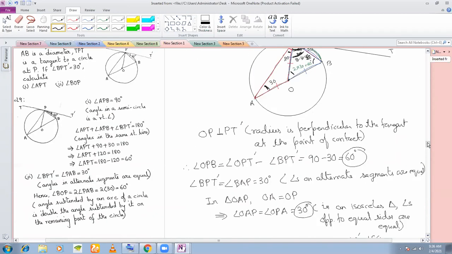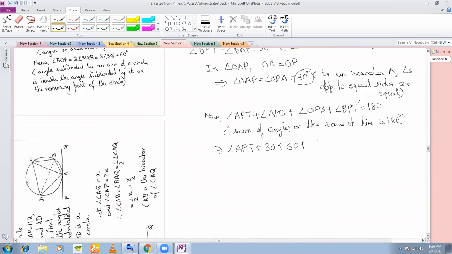This angle is given to you as 30 degrees. That's it, 60.